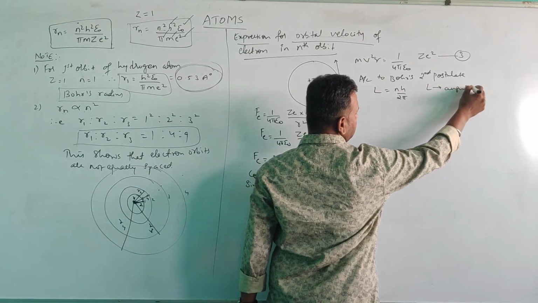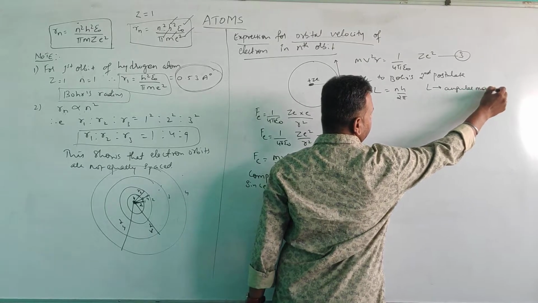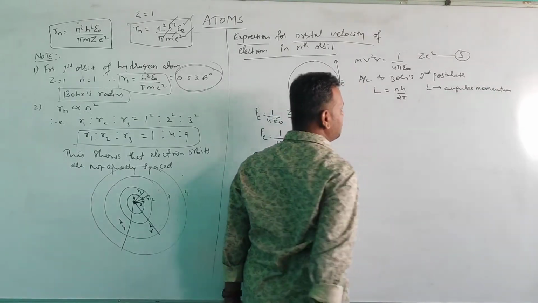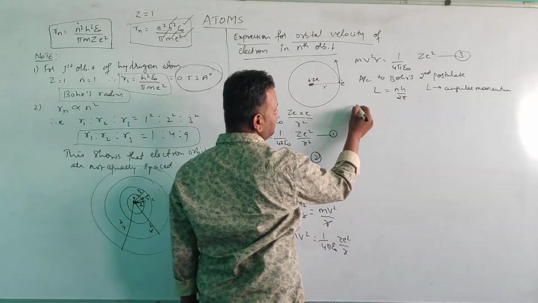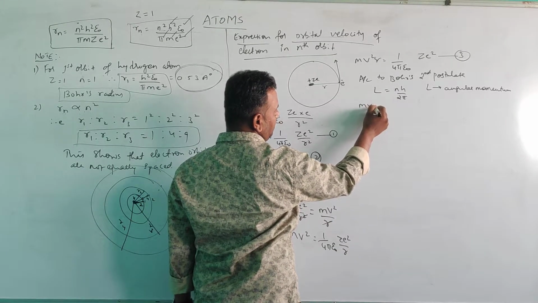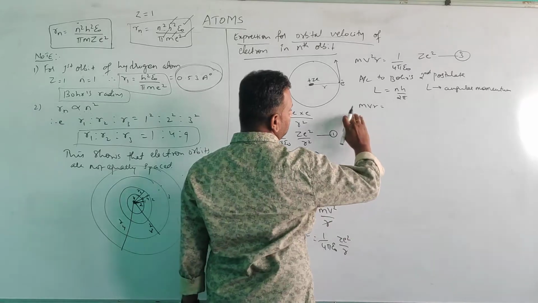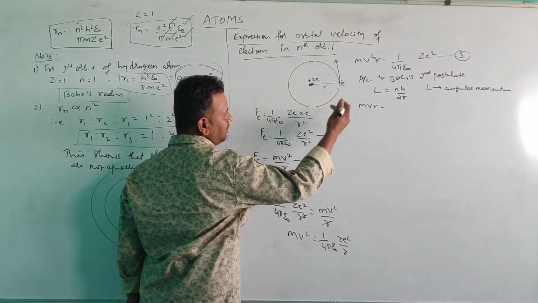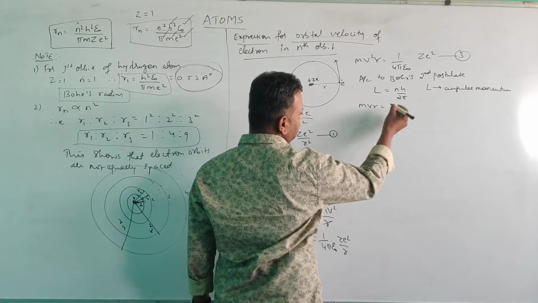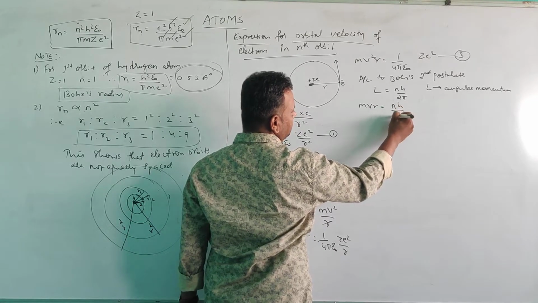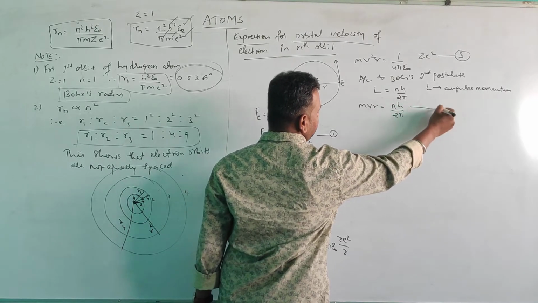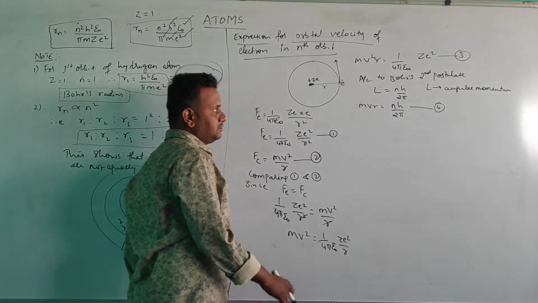L means angular momentum. So I can write L, that is mvr, the product of the mass of the electron, the velocity and the radius, is equal to nh by 2 pi. Take this as equation number 4.